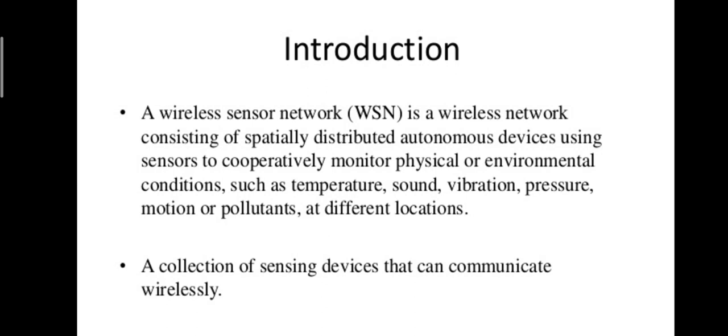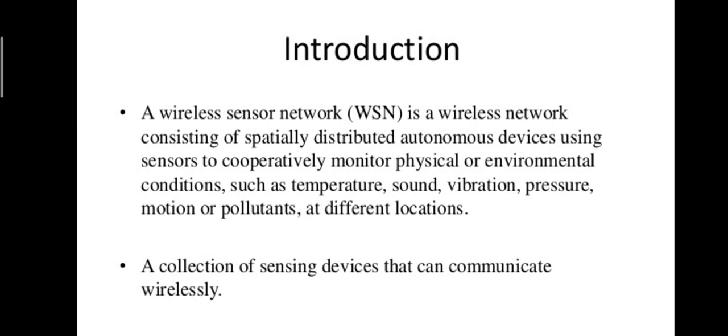A wireless sensor network (WSN) is a wireless network consisting of spatially distributed autonomous devices using sensors to cooperatively monitor physical or environmental conditions such as temperature, sound, vibration, pressure, motion or pollutants at different locations.